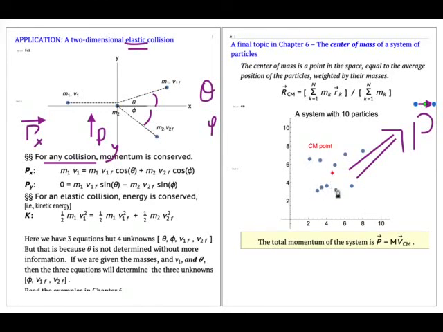So if you think of these as exerting forces on each other, as this system of 10 particles moves off in some direction, the relative positions are changing. But the center of mass point is just moving with a constant velocity. V sub cm is the velocity of the center of mass.